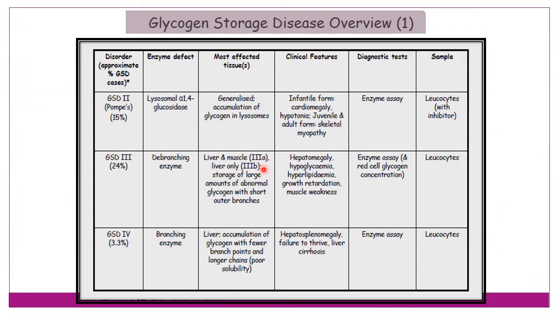Now we revise all. Von Gierke's we have done in detail. So from Pompe disease, that is type 2, it has a deficiency of lysosomal 1,4-glucosidase, or acid maltase, with accumulation of glycogen in lysosomes.